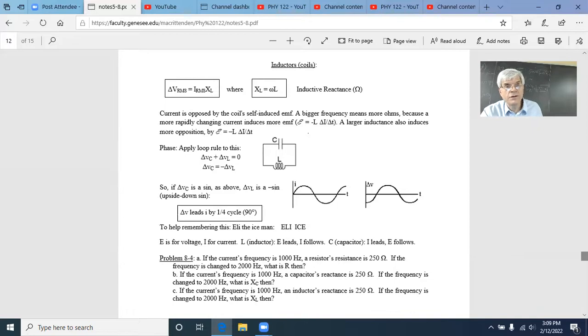And the induced voltage is what is opposing the flow of current. So more inductance, more ohms, bigger frequency, more ohms. And so that's kind of what's going on with inductive reactance.